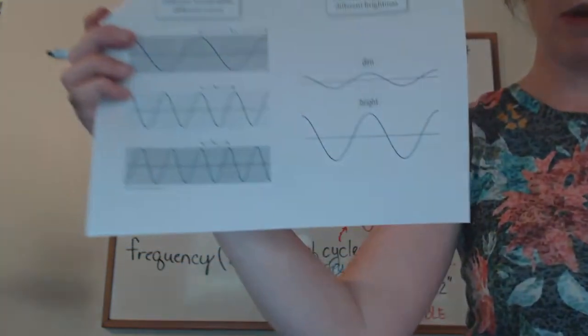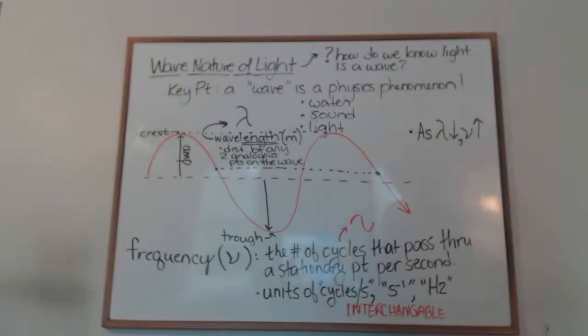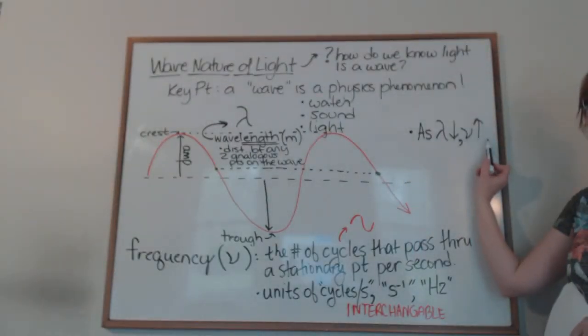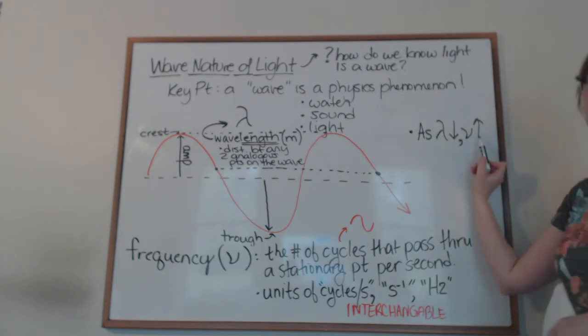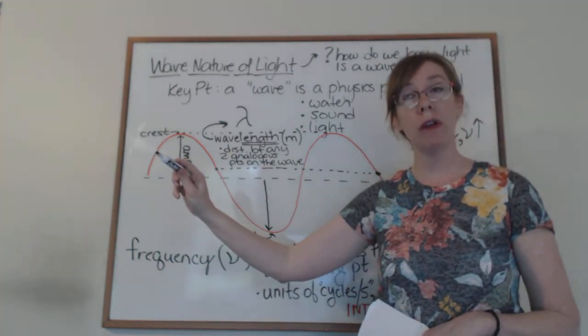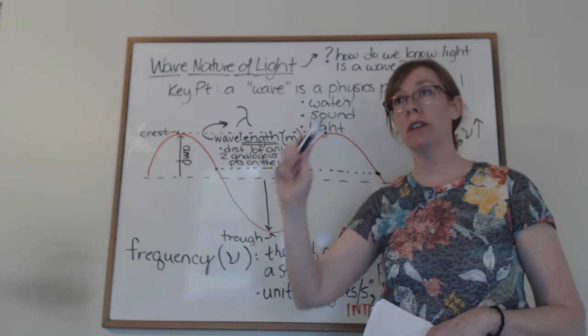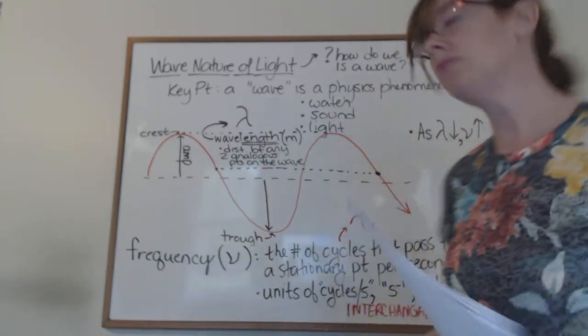As you have a shorter wavelength, you will have a higher frequency. And so what type of relationship is that? Once again, inversely proportional. Small wavelengths, high frequencies, and vice versa. If you have a long wavelength, you will have a low frequency. So the larger your wavelength, the lower your frequency.